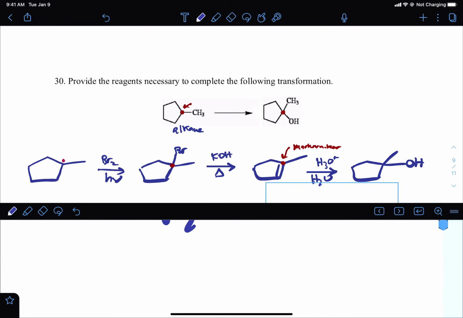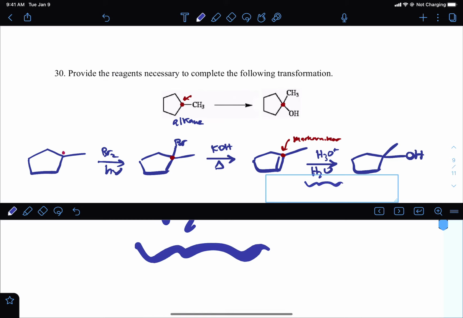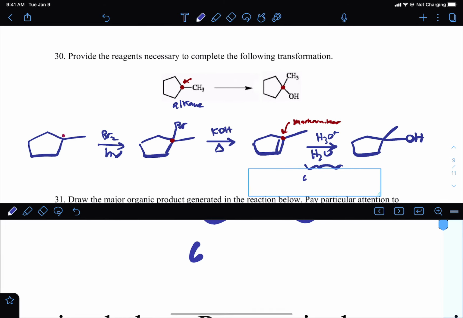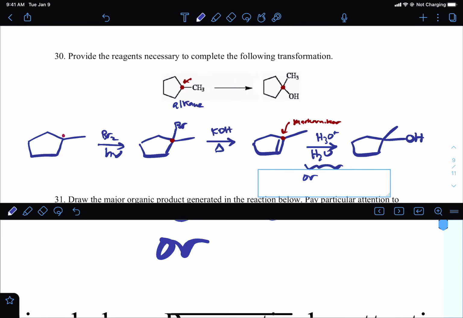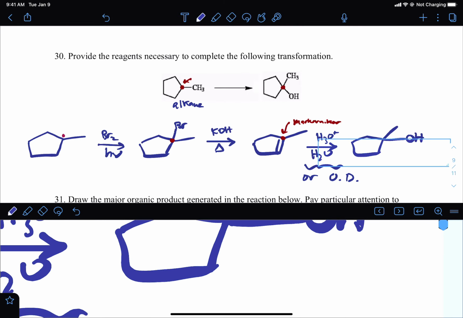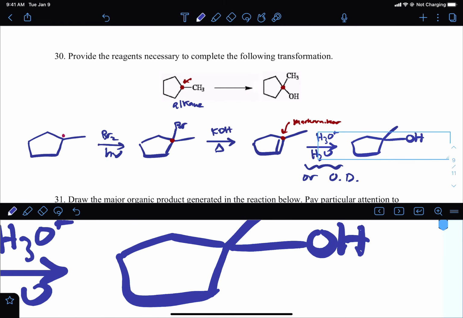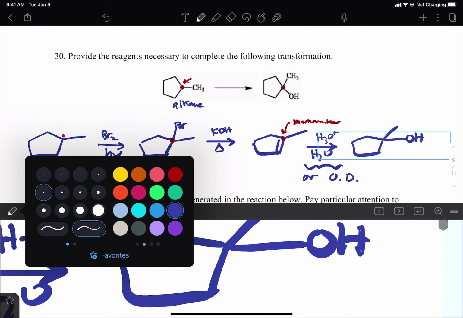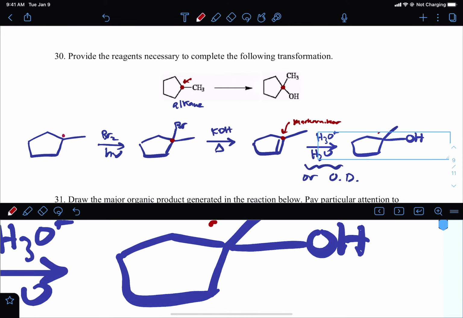Or the oxymercuration, demercuration, right? Because it's Markovnikov hydration. And in this case, we want the alcohol at the tertiary site, and that's where the carbocation will be without any rearrangements.